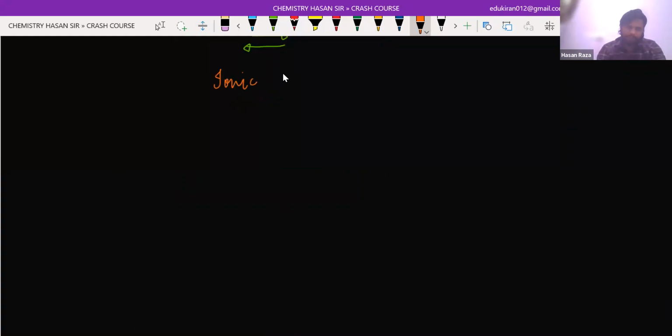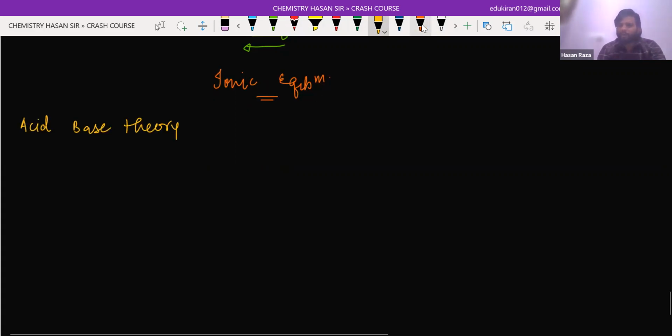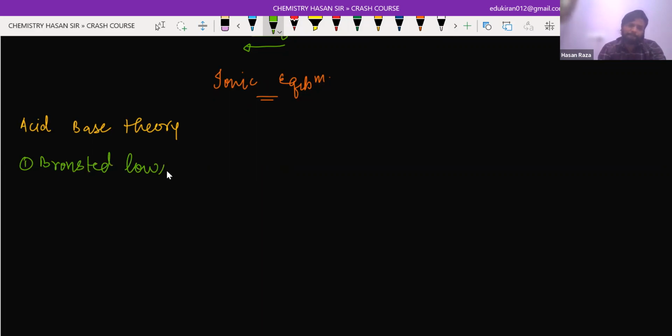Now, about ionic equilibrium. First of all, acid-base theory. I think everyone knows about this theory. Bronsted-Lowry acid-base theory.